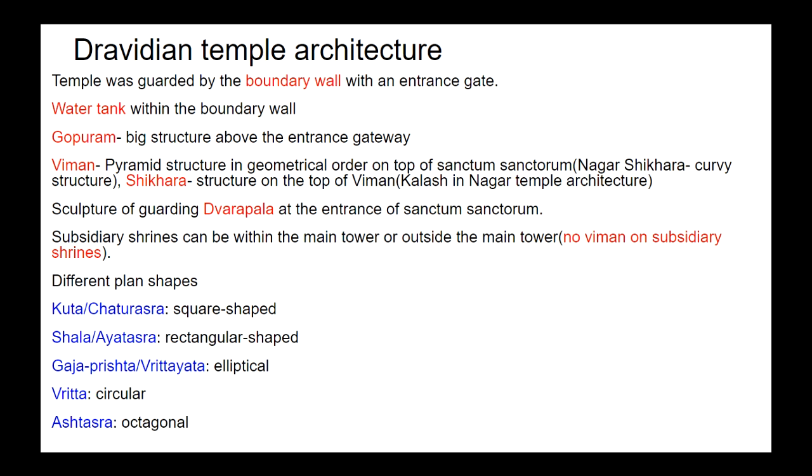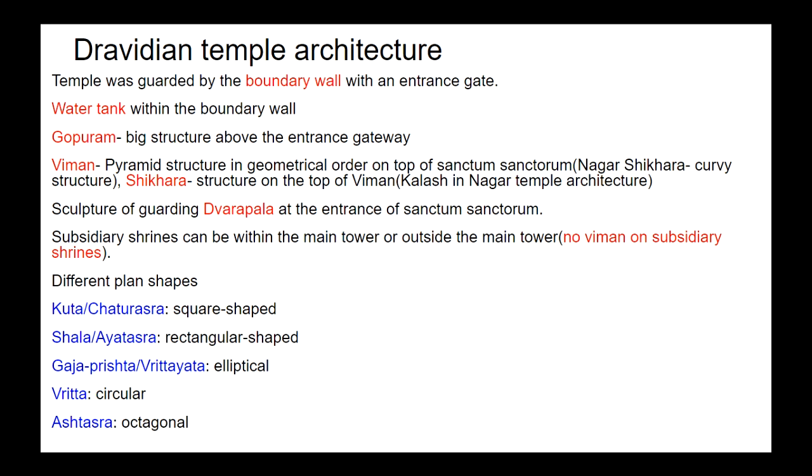And in Dravidian style temple architecture, Sikhar was a structure placed on the top of Viman. In Nagar style, it was Kalas. We also found Dwarpala at the entrance of Sanctum Sanctorum in Dravidian style temple architecture.